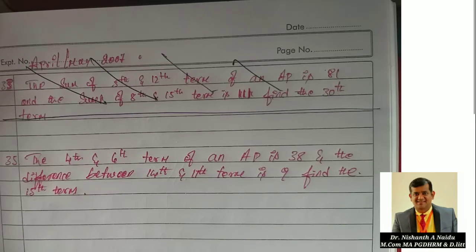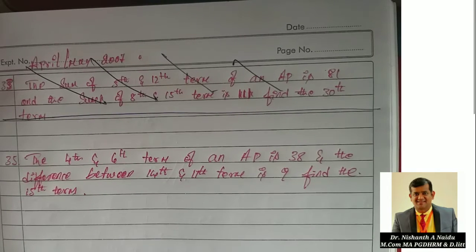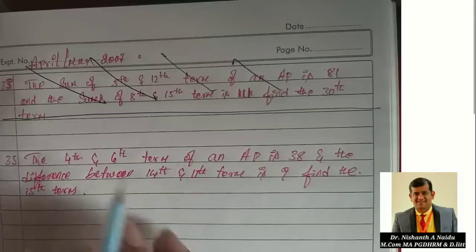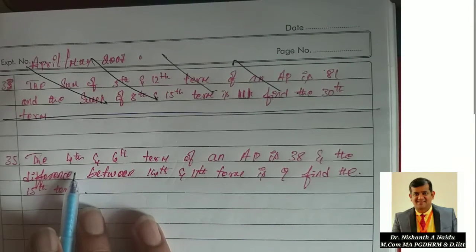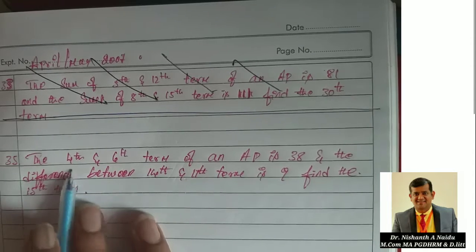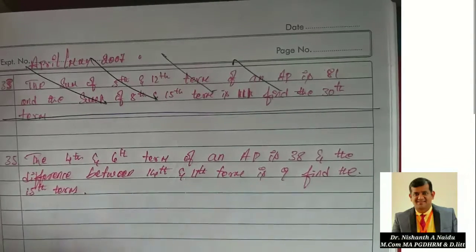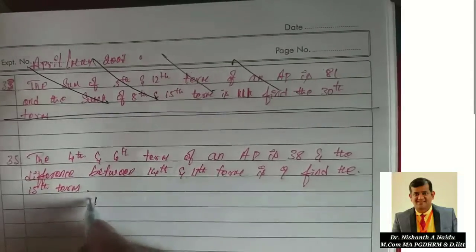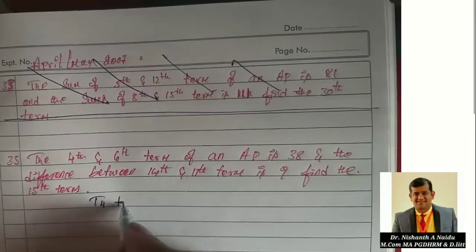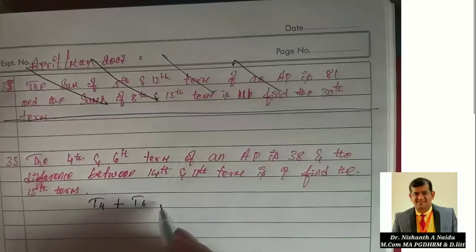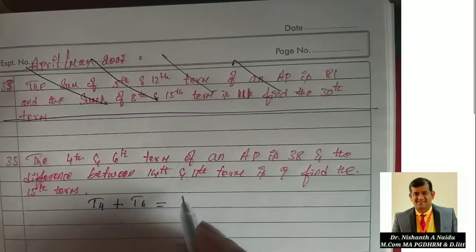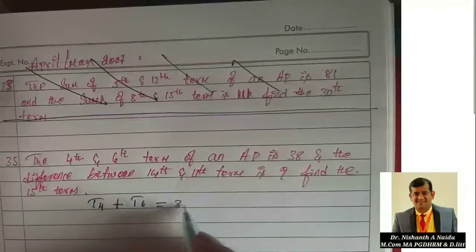I think you know how to do this. That is, fourth term and sixth term, the sum of the series, how we are going to identify. So T4 plus T6 equals 38.